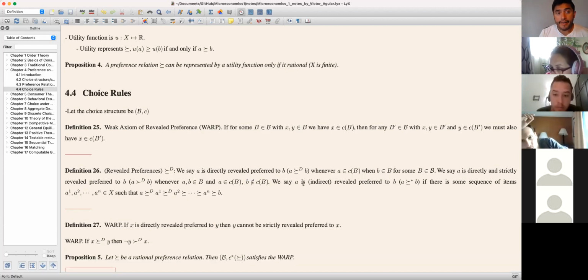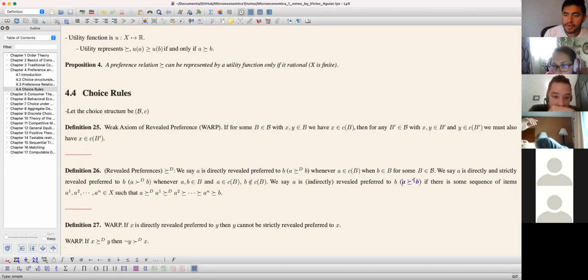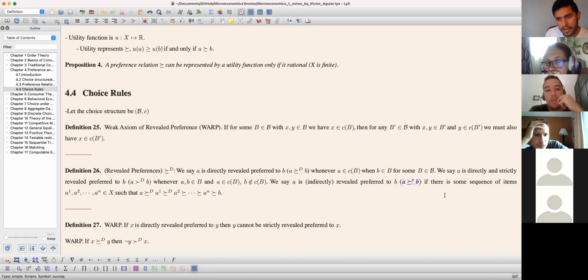And here comes the part that is more interesting and deeper. We say A is indirectly revealed preferred to B, and we name it with the star, preference star. It's kind of bad notation, but whatever. If you have a star there, this is indirect revelation.